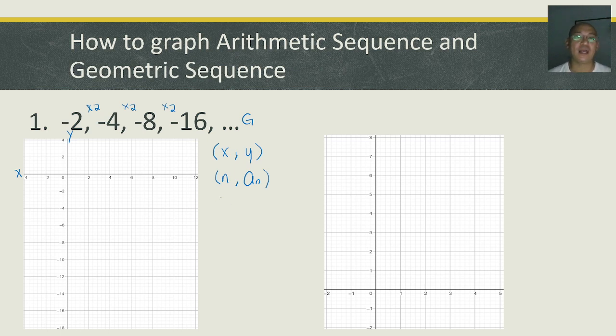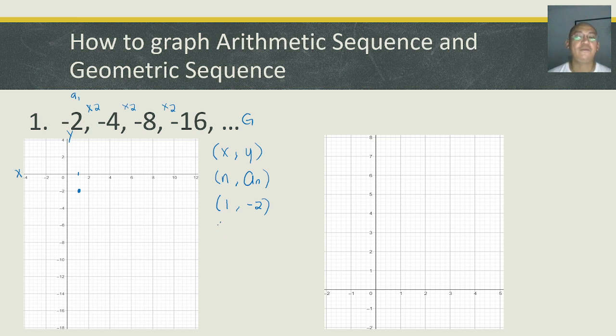So let's say if your n value is 1, then we have a sub 1. What is our a sub 1? That is negative 2. So if you're going to graph, the x value is 1 and the y value is negative 2. So this is our first point.